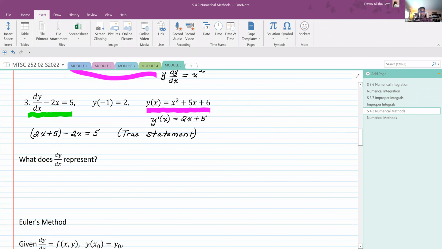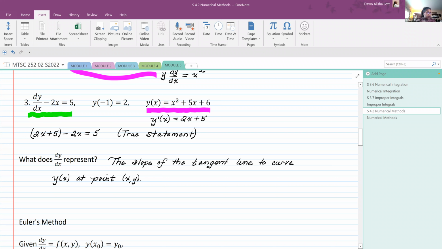Well, just like we said before, dy/dx always represents the slope of the tangent line to the curve y of x at the point (x, y).